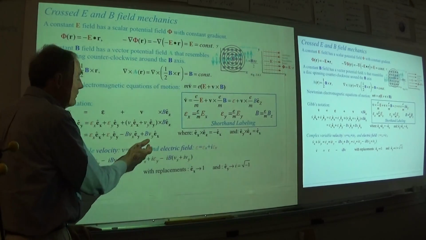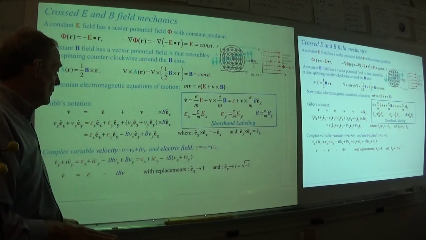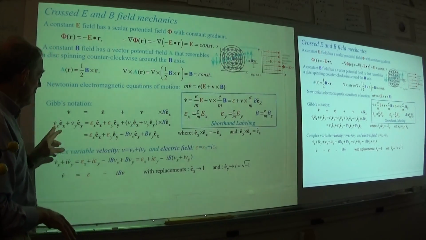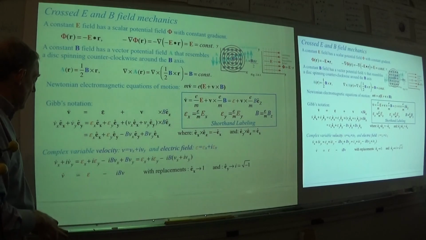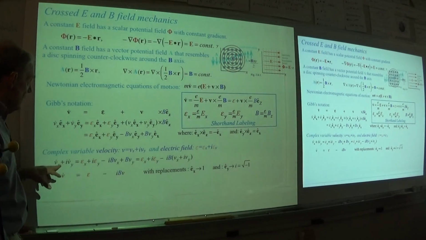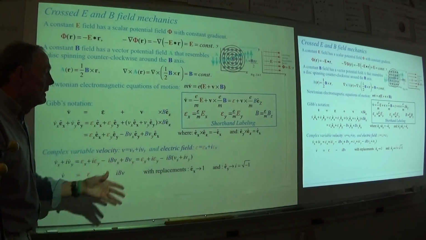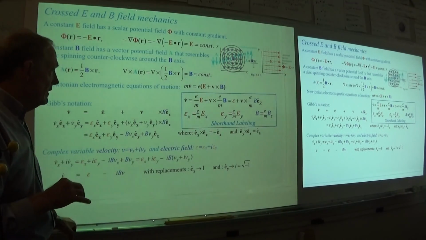It's got a real part and it's got an imaginary part. And we're going to play that game. We're going to go ahead and write the equation of motion that way. That is, we're going to have an x component of the velocity dot, that's an acceleration in the x direction, and then this is the acceleration in the y direction, being carried in a single complex number in each case.